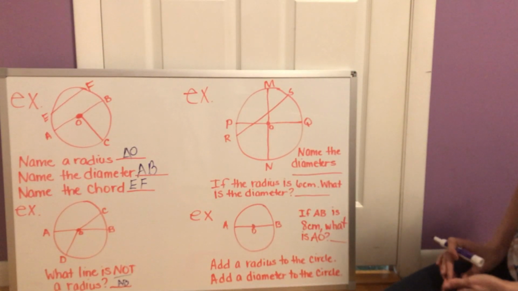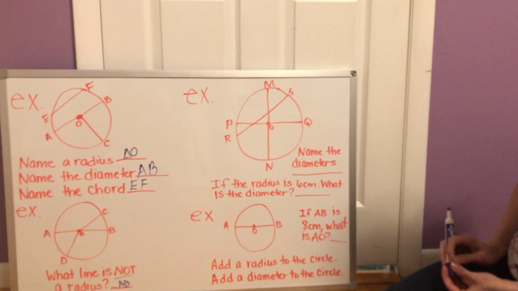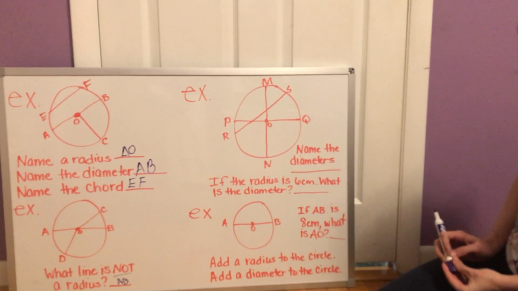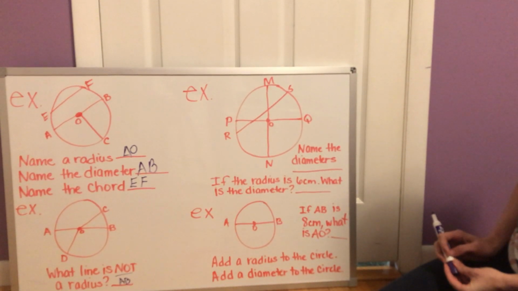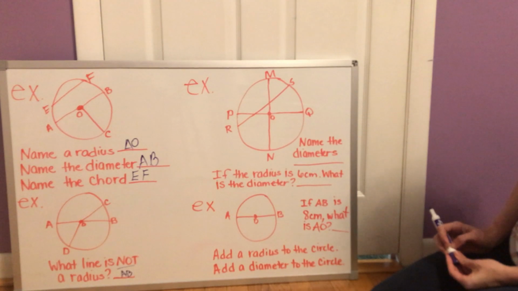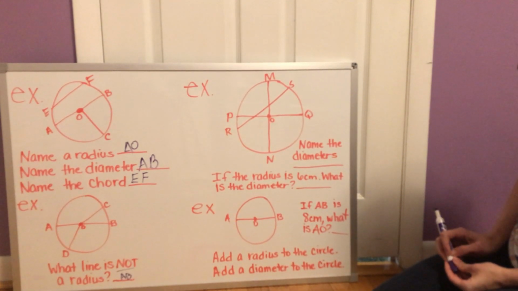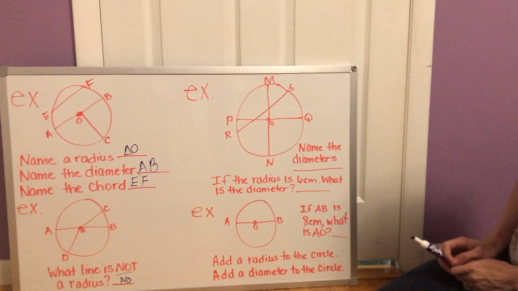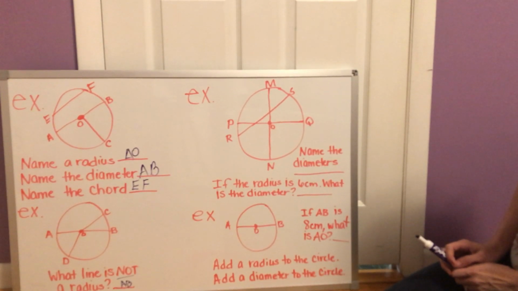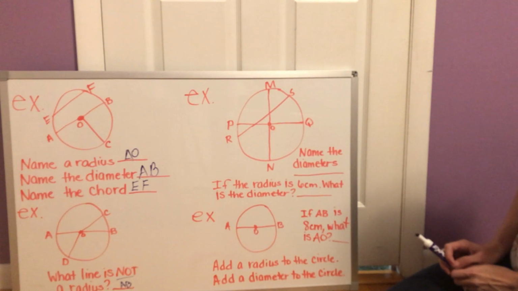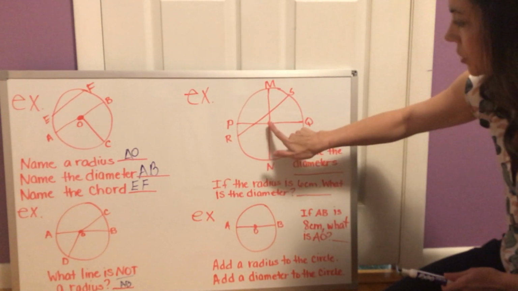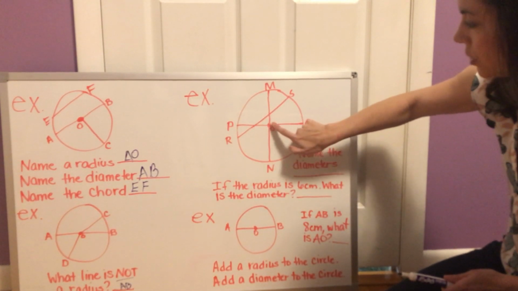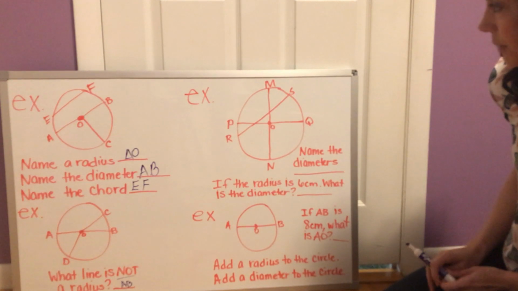There are a lot of lines on this one, but it's asking us to name the diameters. We have two diameters on this one. So see if you can pause your video for a second and guess the two and then check back with me and see if you get it correct. Okay, if you're coming back, let's see if you got it right. So again, remember the definition for diameter means it goes from one side of the circle to the other and it has to pass that center, the little center O. The RS would not pass through this middle, so it would not be a diameter.